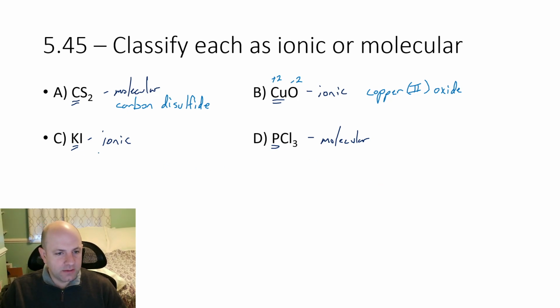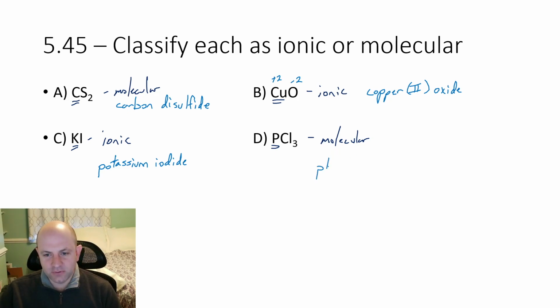For C, K I, it's also ionic, so it's just the metal as is, so that's potassium. And then I is iodine, change it to ide, potassium iodide. All right, and then finally, PCl3, it's another molecular covalent compound.